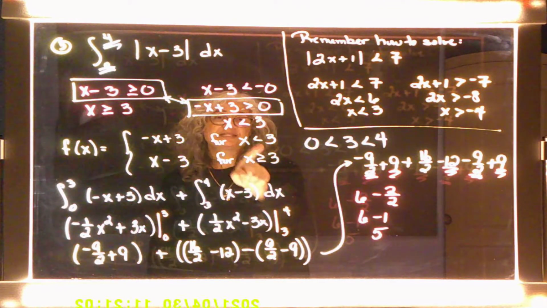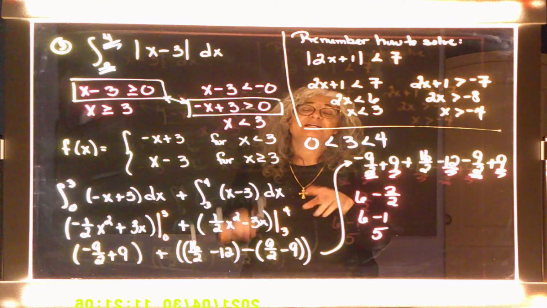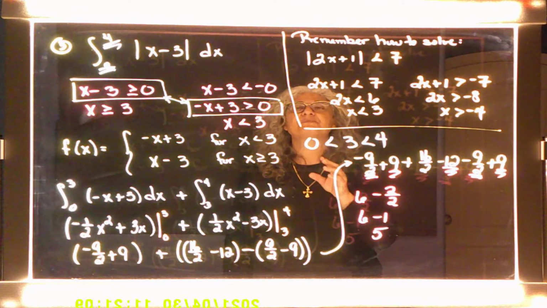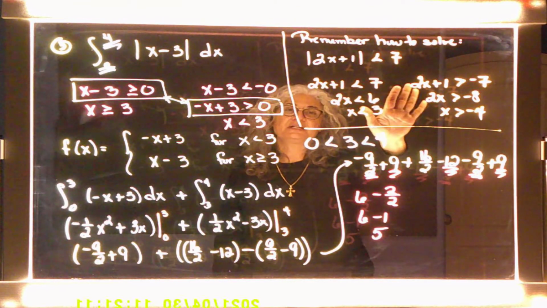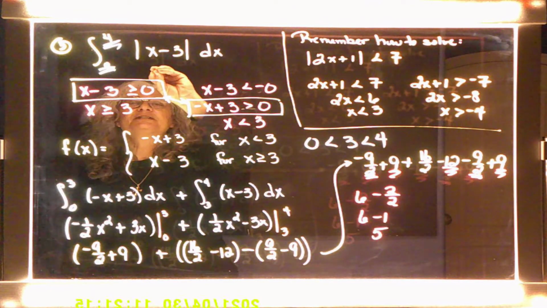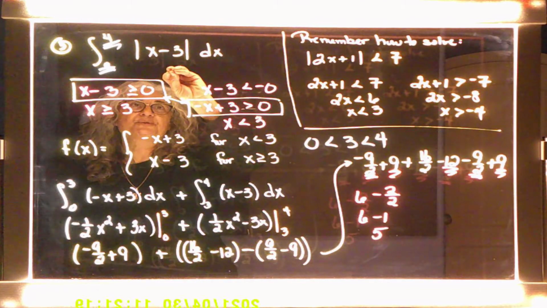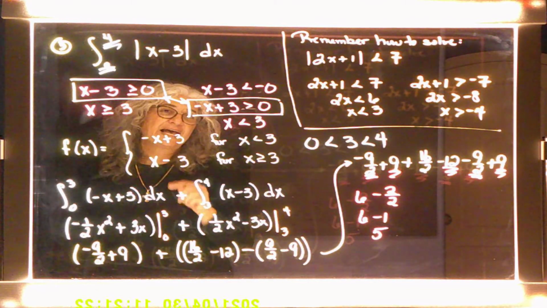Okay. I know this part is easy for you. It's getting to this function f of x, where the absolute value was split into two pieces, that you need to remember how to solve an inequality. Here, on the original one, we have the absolute value of x minus 3. The bottom of it was at 0.